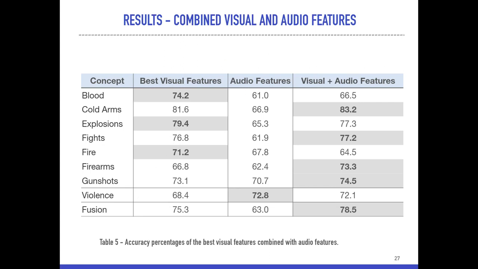We also show our results with the audio features, using our audio network. These results only use the audio features. You can see that for each individual concept we had worse accuracy, except when we use the violence definition directly.